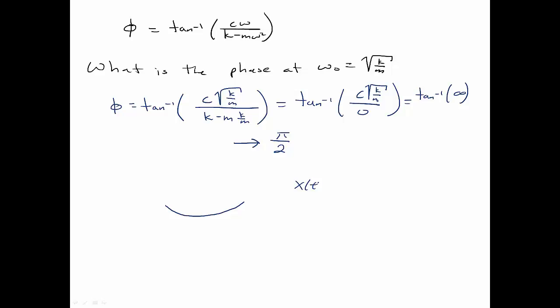A phase difference of pi over 2 corresponds to switching between sine and cosine. So if x of t is out of phase with the driving force, because velocity is the first derivative of position, cosine switches to sine, which means velocity is in phase with the driving force. So the driving force should push with velocity rather than with position. You want to give the maximum push at the point of maximum velocity.